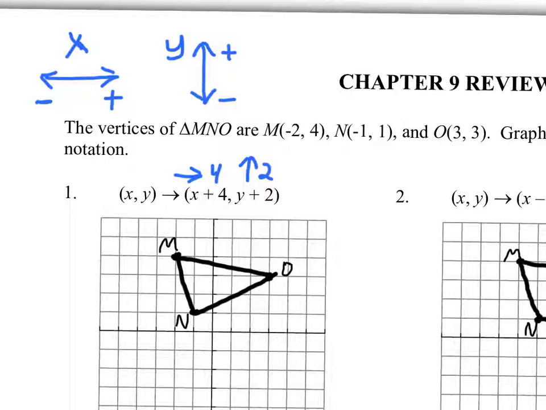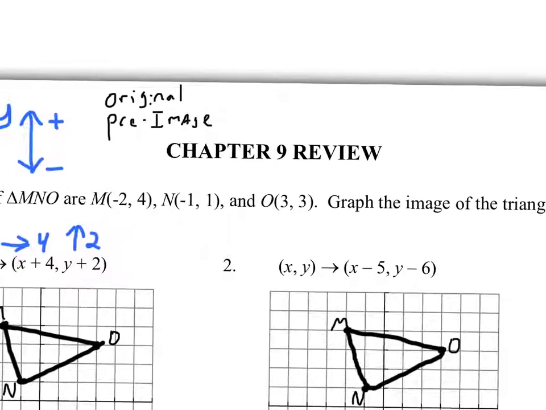We want to do a really good job of graphing our original figures and labeling them with their correct letters, M, N, and O in this case. Remember the vocabulary that we've learned, that the original figure, we call that the pre-image. And the changed figure, the one that has been changed somehow, we call that the image.